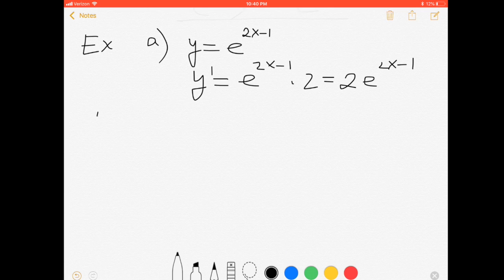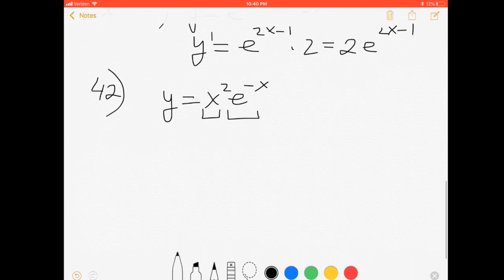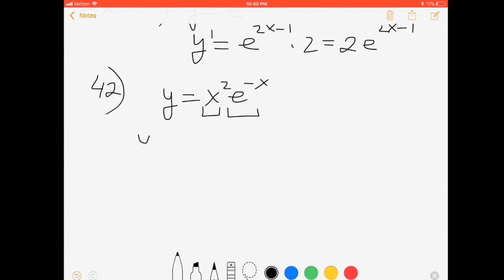Doing something from your textbook, for example, number 42. Here the function is y equals x squared times e to the minus x. We can see this is a product of two functions: one is a power function, one is an exponential function. For the derivative, we use the power rule and the product rule.